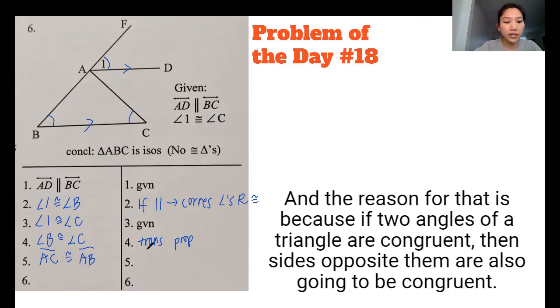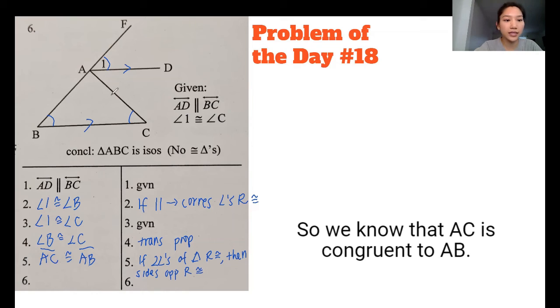The reason for that is because if two angles of a triangle are congruent, then the sides opposite them are also going to be congruent. So we know that AC is congruent to AB.